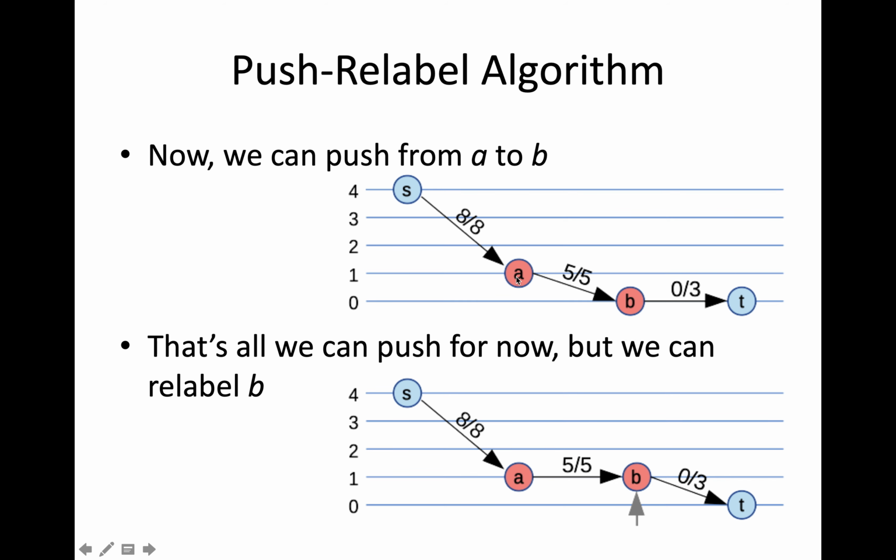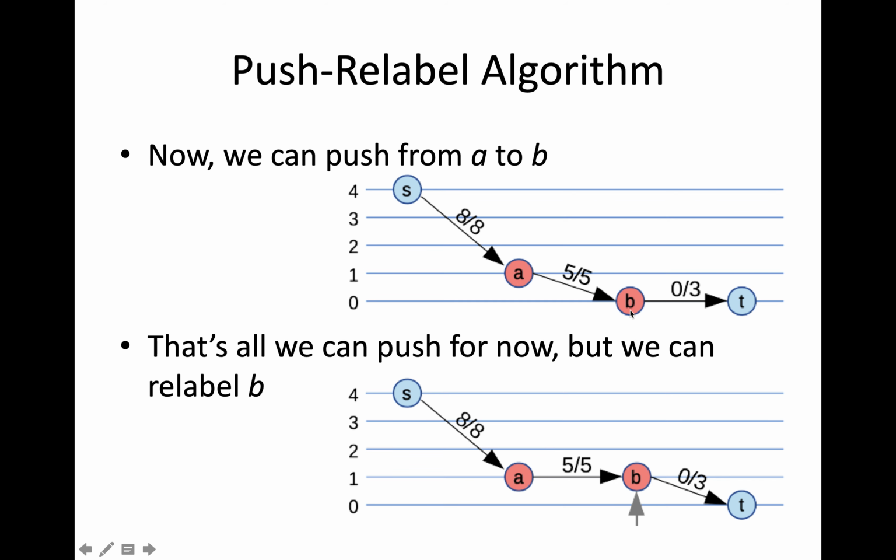Well, A has a residual edge. You have to imagine it in this picture, but it's got a residual edge going back this way. This edge is saturated, so I can't use that. And A is overflowing. B is overflowing. It's got a residual edge going this way, and it's got a residual edge going back to A. So we could take back some of that 5 if we wanted. I can't push to T right now, but if I do the relabel operation, so B is eligible for relabeling.